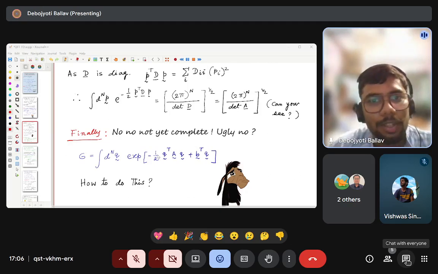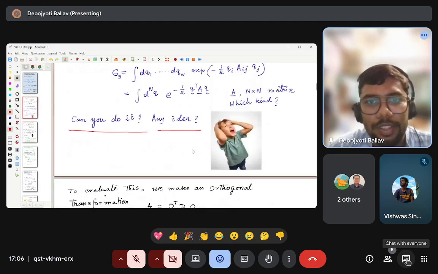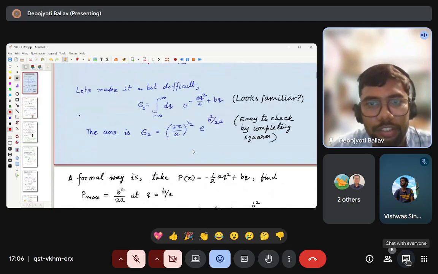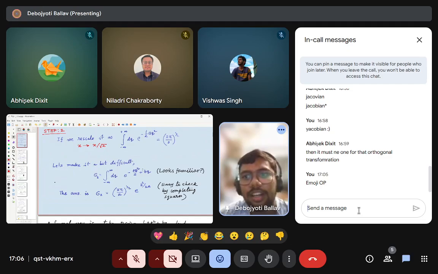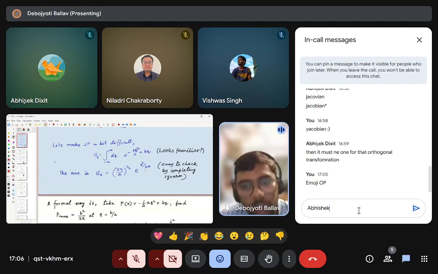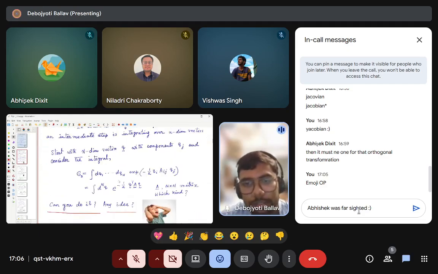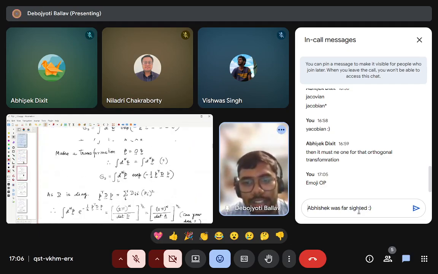You can do the same, because the simpler version of this integral is the familiar version to you, and how do you solve it? You take the exponent, take a maximum, subtract it from your exponent and complete the squares. Similar thing we can do here.